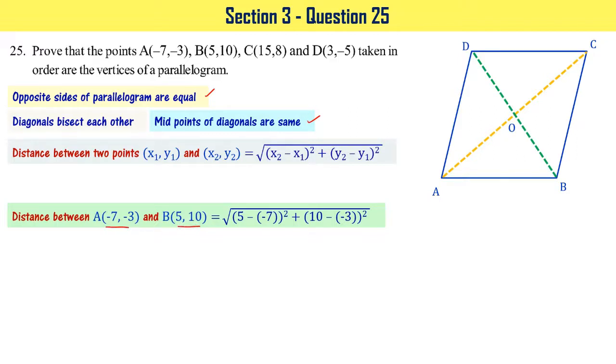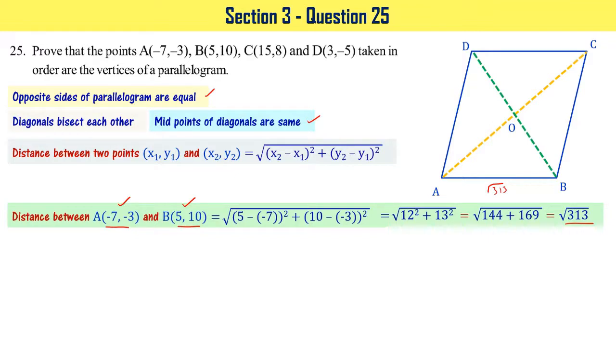When you substitute them for x1 y1 and x2 y2, you get the square root of 313. So AB is square root of 313, right?